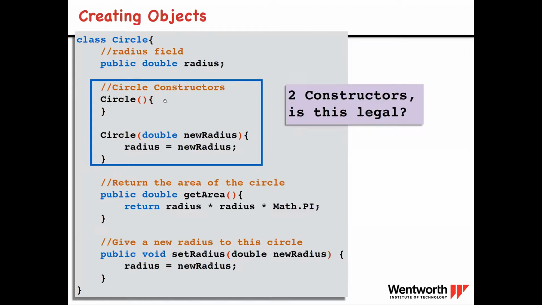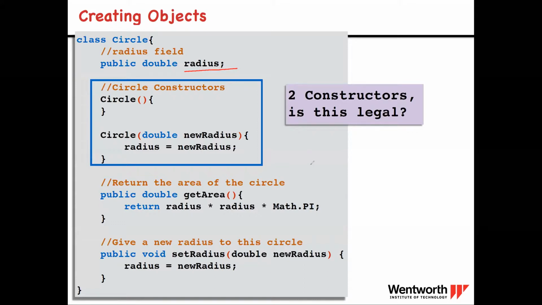Although I did potentially have an issue here, and it's something I want to point out, because remember, constructors are what initialize the object. It's what sets all of the data, or at least what should set the data. Notice that the radius, I don't give it a value here.